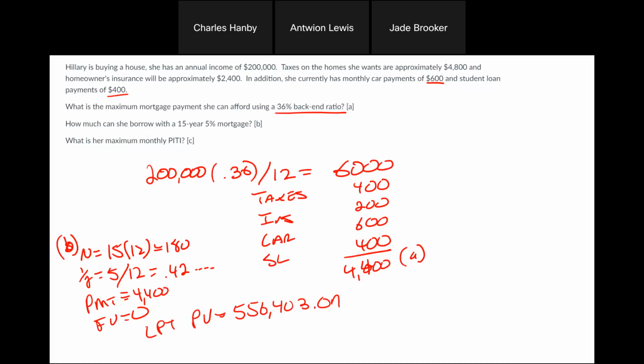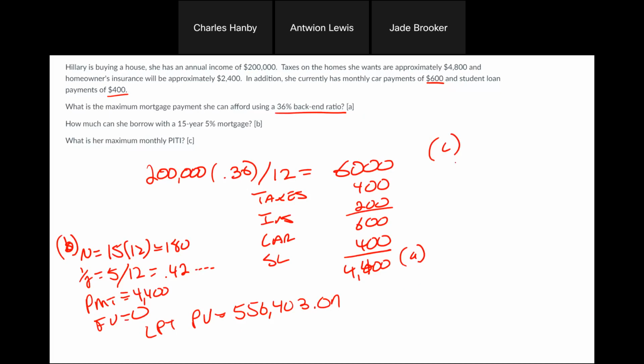So that's what she could borrow, and then C is the maximum principal, interest, taxes, and insurance. We would add back the taxes and insurance to the $4,400.